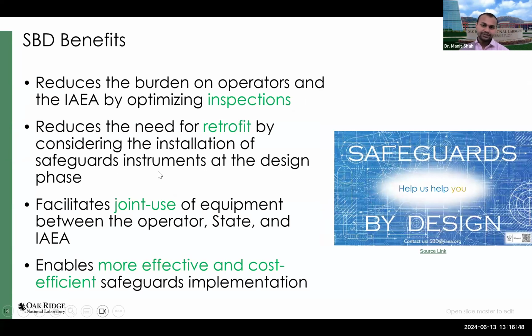Safeguards by design benefits. The very first thing is that with the incorporation of safeguards by design, the burden on operators and facility owners reduces.